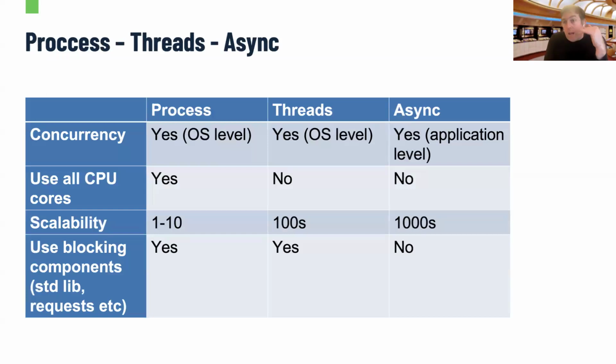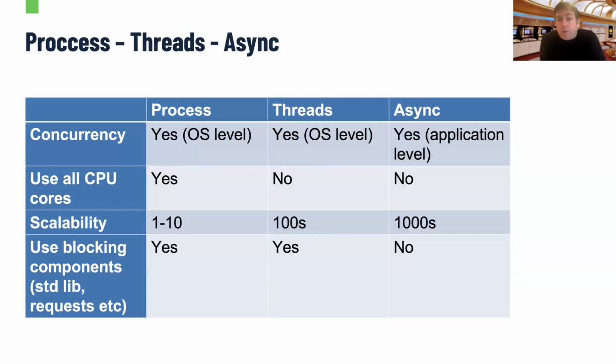If we look at a high level at what the options are, say we have multiprocesses. You can have concurrency and you can use all the CPUs, but you can't run many processes on the same machine because each uses a full CPU. So maybe 1 to 10 CPUs and processes.